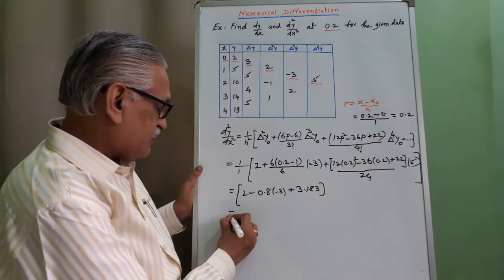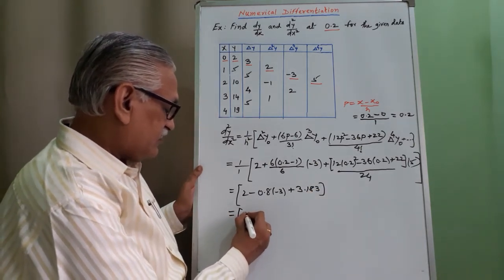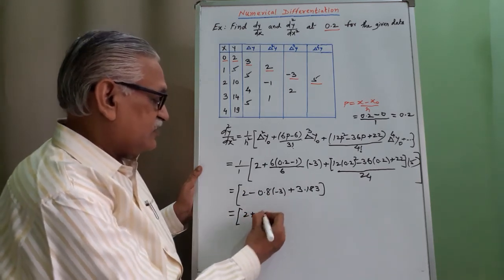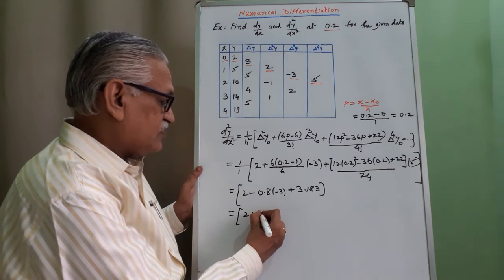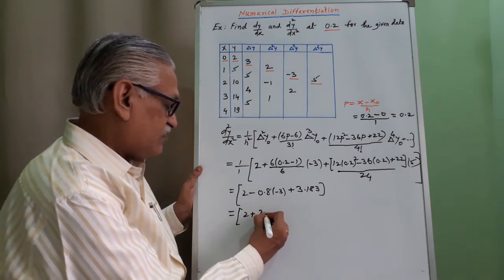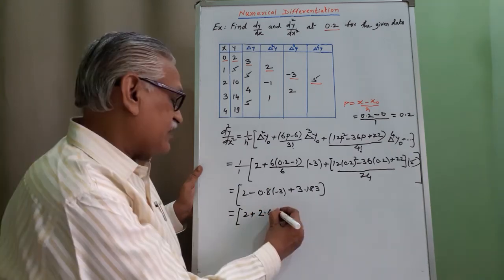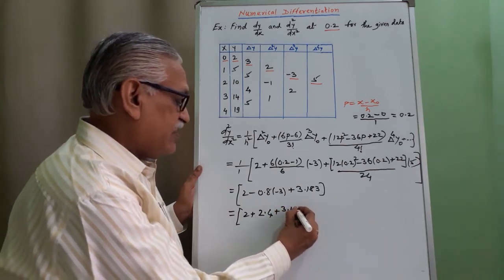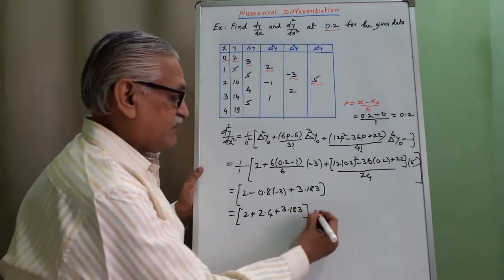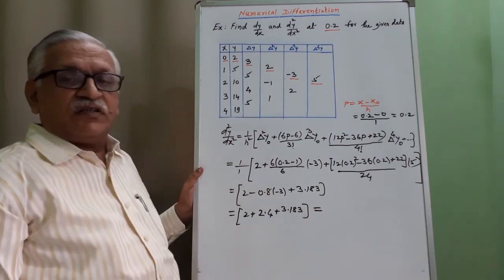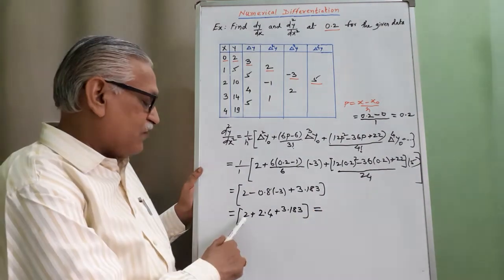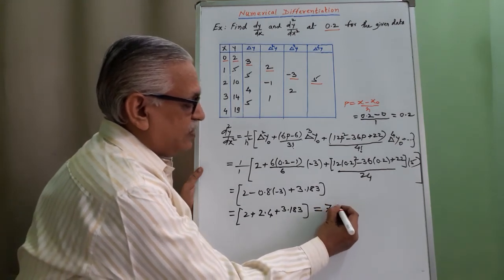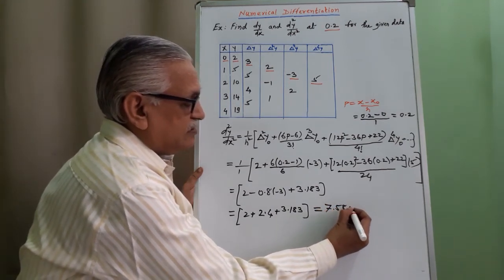And that is equal to 2 minus minus, it becomes plus, 2.4, plus 3.18. If we take the addition of all these three terms, we get 7.583.